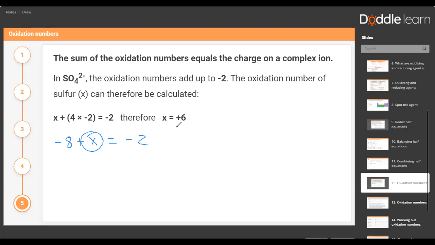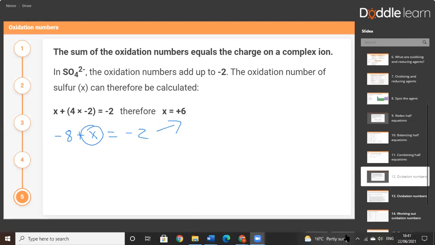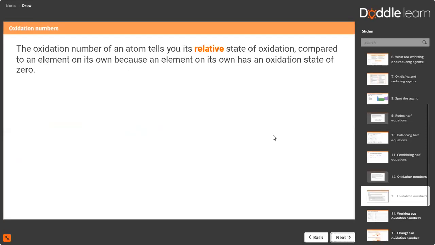To get there would obviously be +6. So the oxidation number of the atom tells you its relative state of oxidation compared to an element on its own, because an element on its own always has an oxidation state of 0, like we said.